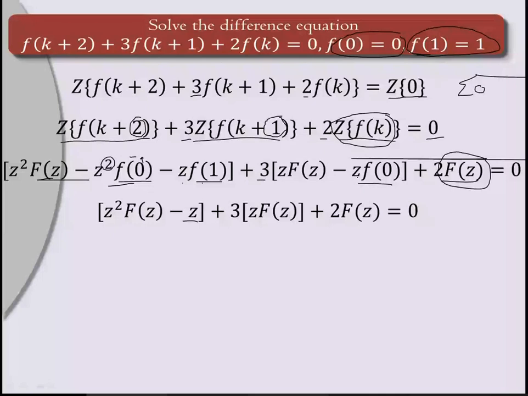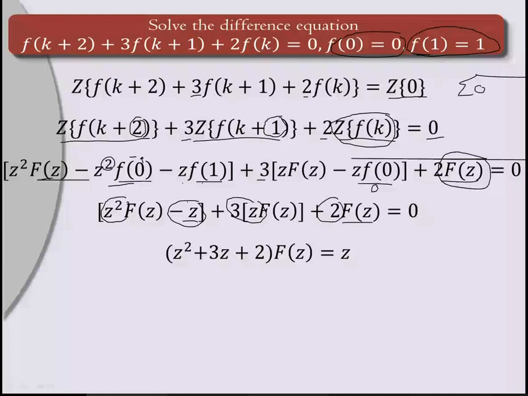Now take all F of z terms together and take this minus z to the other side. So we get z square plus 3z plus 2 into F of z is equal to, taking this minus z to the other side, plus z.